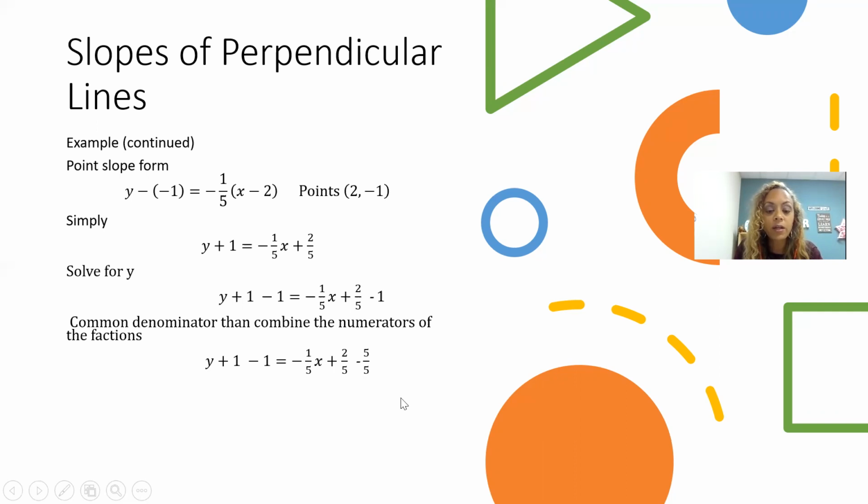And remember, your calculator will do this for you. So our new equation is y is equal to negative 1 over 5x minus 3/5. Remember, we have positive 2 and negative 5, so that equals negative 3.